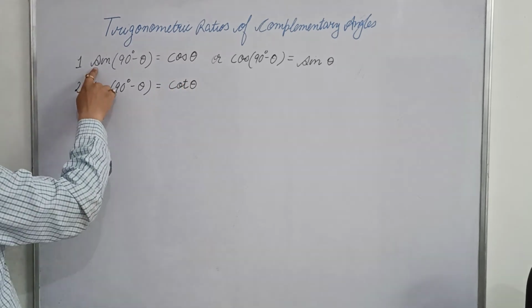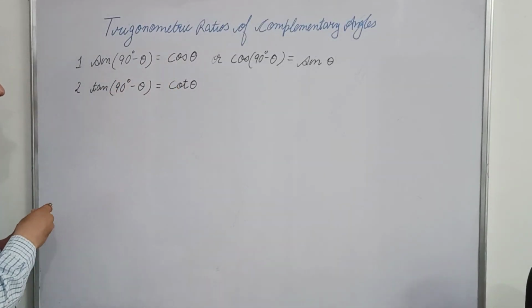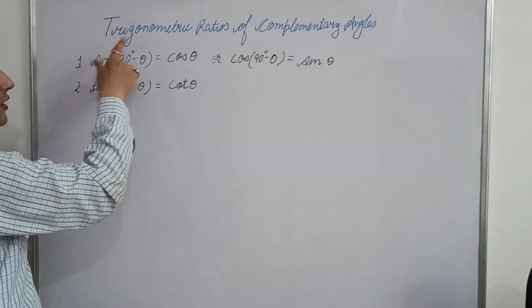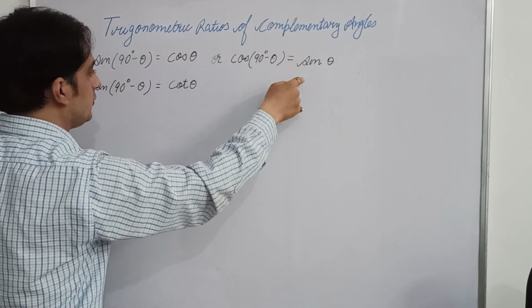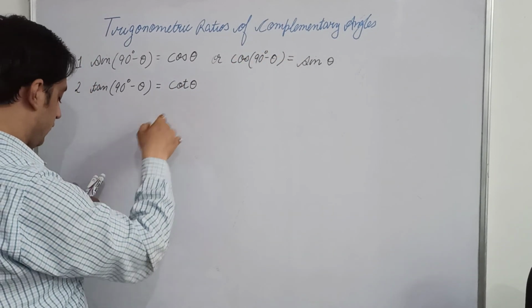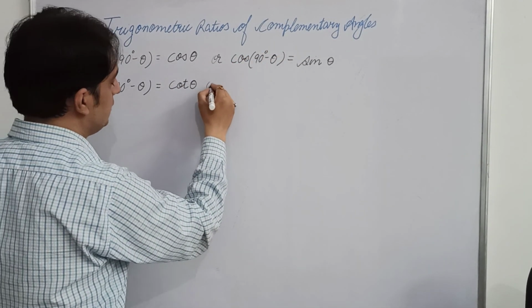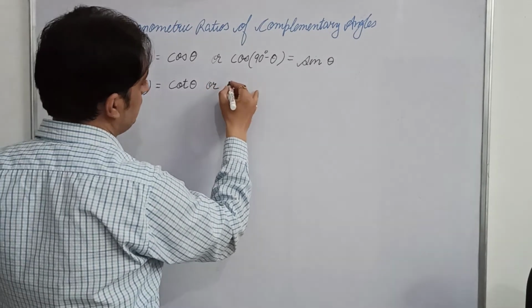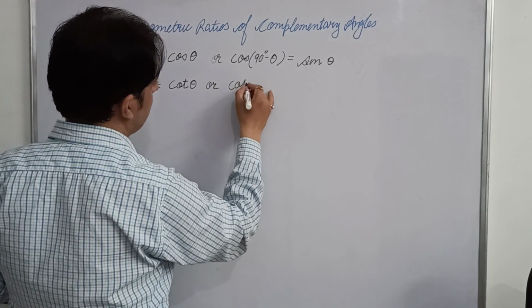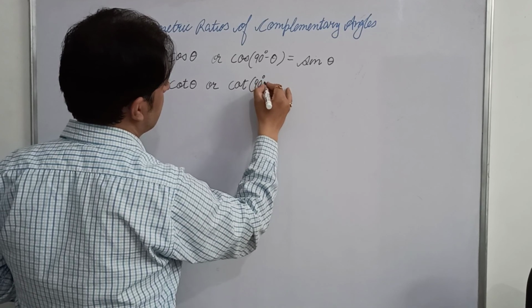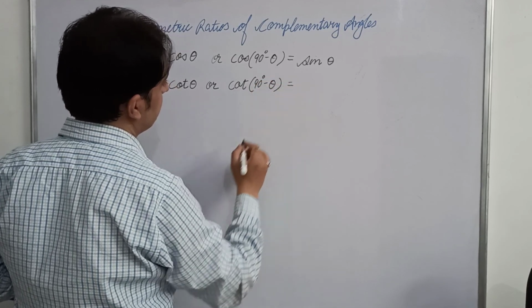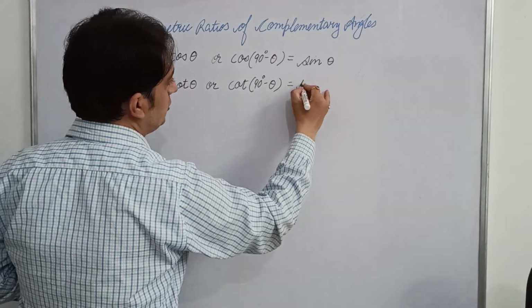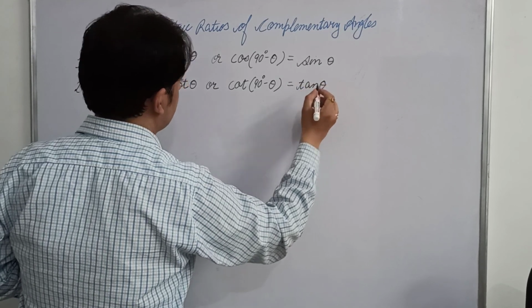So sine in terms of cos, cos in terms of sine, tangent in terms of cotangent, or you can write cotangent of 90 degrees minus theta is equal to tangent theta.